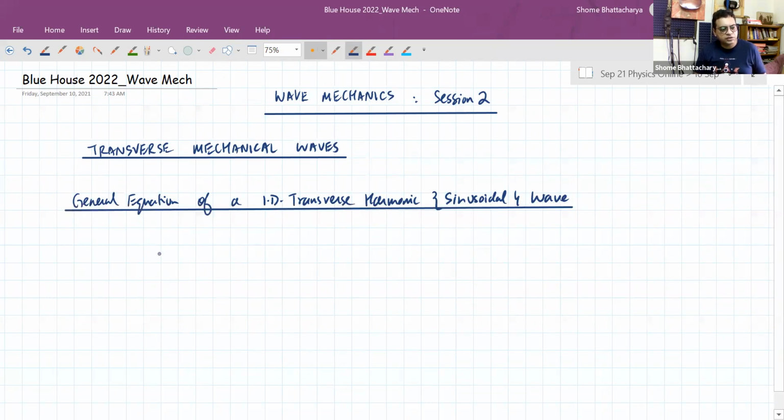So we saw the wave equation is given by this kind of a term.